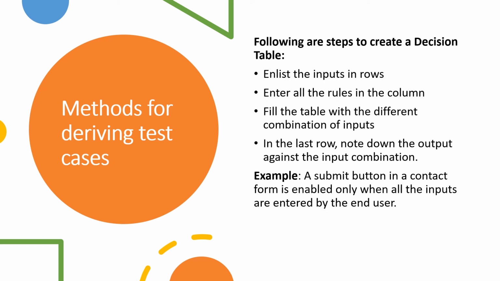Following are the steps to create a decision table. We list all the possible inputs in a row and enter all the rules in the columns, or we make a library out of the rules and fill the table with the different combinations of inputs. In the last row, note down the output against the input combination.